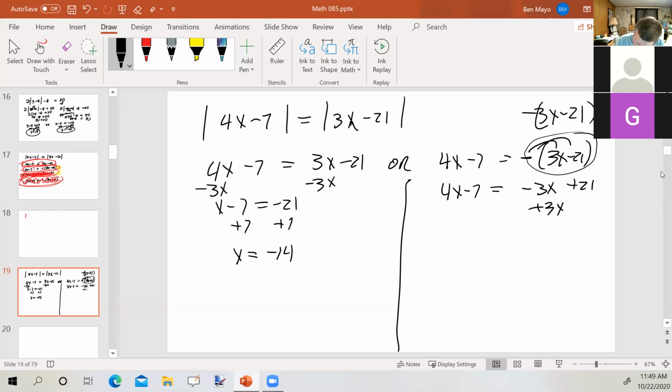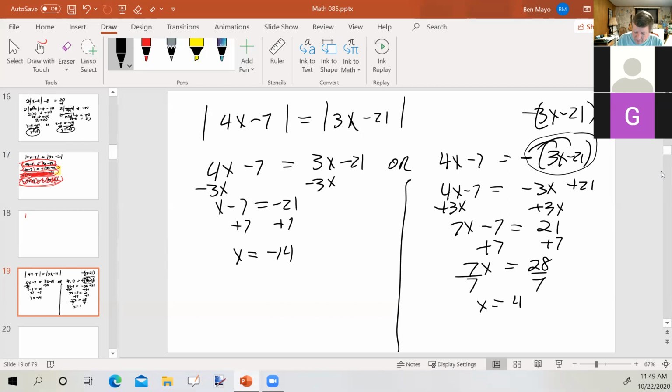I'll add 3x to both sides of the equation. 7x minus 7 equals 21. I'll add 7 to both sides of the equation. 7x equals 28. Divide both sides by 7. X equals 4. All right, let's check our work.